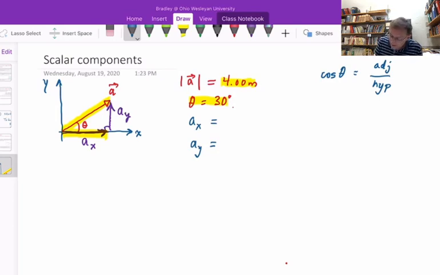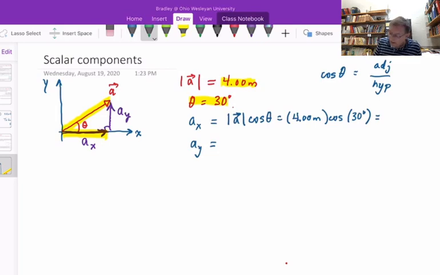And the hypotenuse is the magnitude of A. So A sub x is equal to hypotenuse, magnitude of A, cosine theta. And the magnitude of A, 4 meters. And then I'm taking the cosine theta, which is 30 degrees.